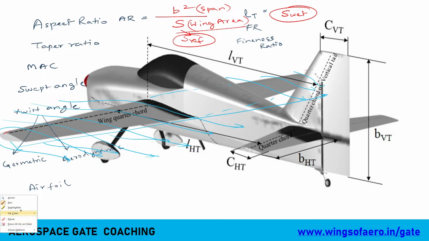Now this is talking about application. You should know which aircraft have what range of aspect ratio. Now I will categorize it into four to five different applications. First I will start with a glider or sailplane.